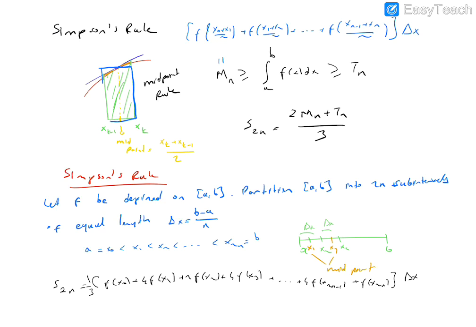Okay, so this is the midpoint, this rectangle. If you use this formula, you will find the trapezoid, sorry, this Simpson. So this area. This is also a trapezoid, but this area, we use this area by using that formula. So this is called the Simpson rule.